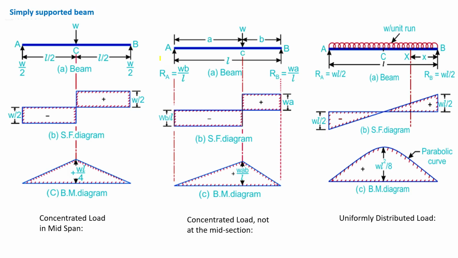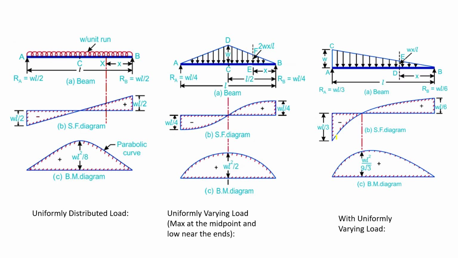And here I have shown the shear force and bending moment diagrams for different simply supported beams, cantilevers, etc. First one is a simply supported beam with a point load at the midpoint. This is how shear force and bending moment will vary. Then this is the same point load but a little offset from the midpoint. Then this is the uniformly distributed load for the simply supported beam. This is how shear force and bending moment vary.